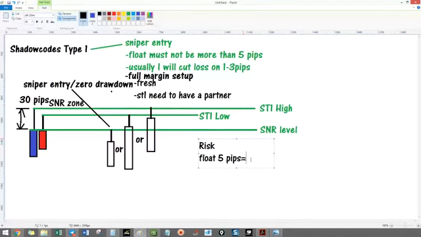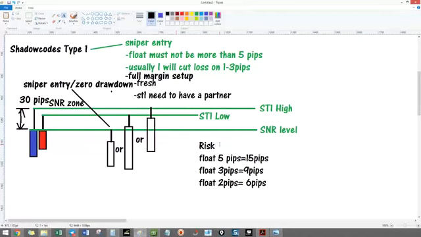So you will only lose about 15 pips. But if you float about 3 pips, your loss will only be about 9 pips. If you float 2 pips, your loss will be only about 6 pips.